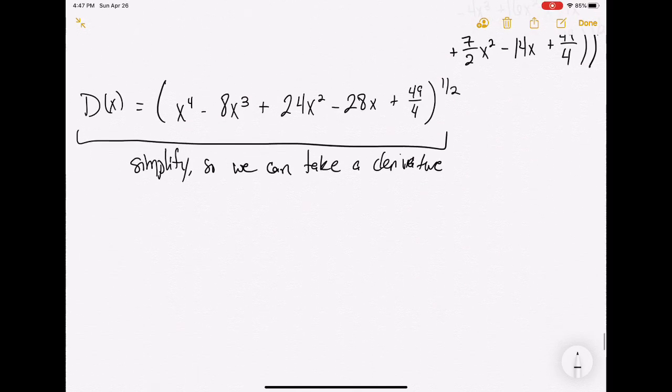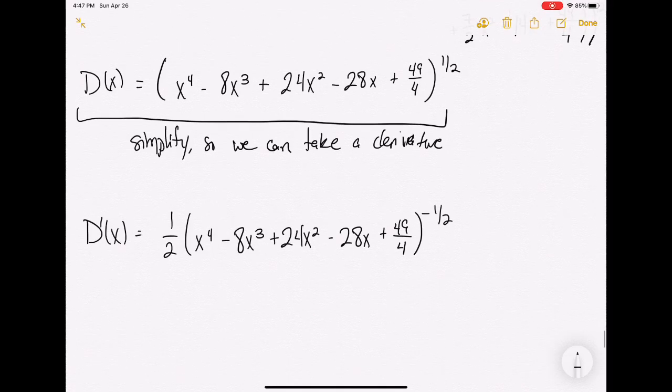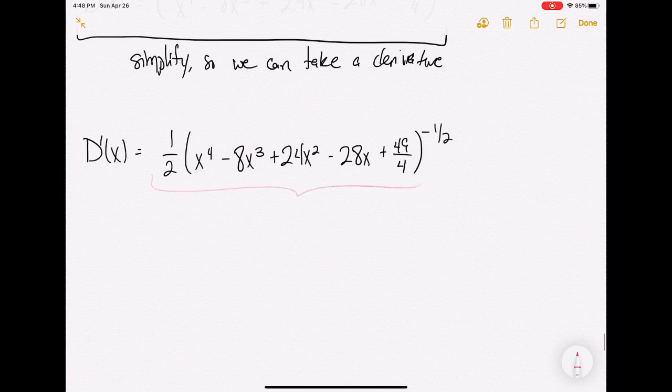And now this derivative, it's ugly, but it's not impossible because it's just a chain rule. So 1/2, keep the inside the same, to the minus 1/2 here. So this is derivative outside, leave the inside the same, part of chain rule.